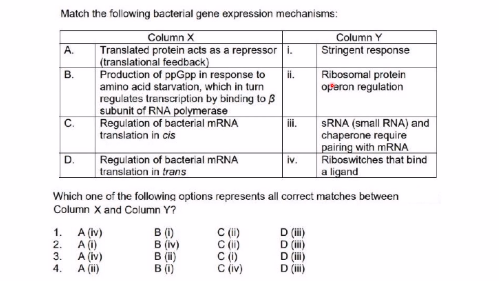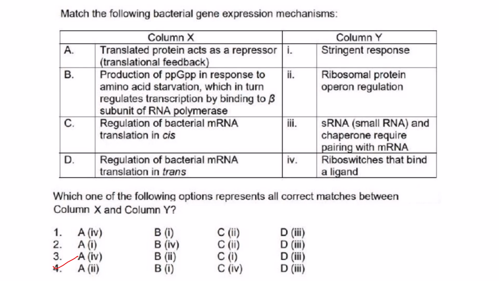So A will be ribosomal protein operon regulation, A2. Oh, great. So A2 is seen only in option 4. Happily, if you know that answer, then you need not look at the other options. Even if you don't know what is sRNA or riboswitches, you can happily get marks over here if you know A.